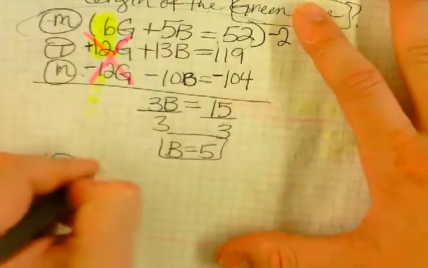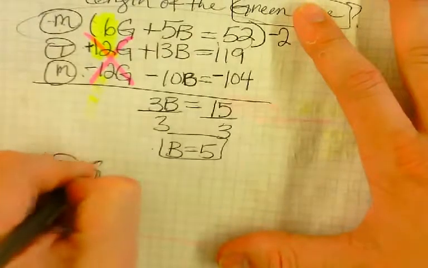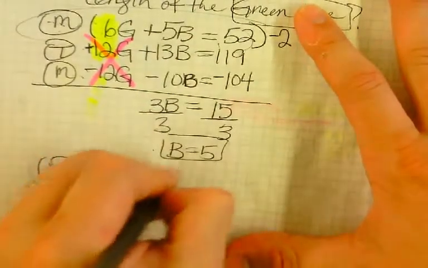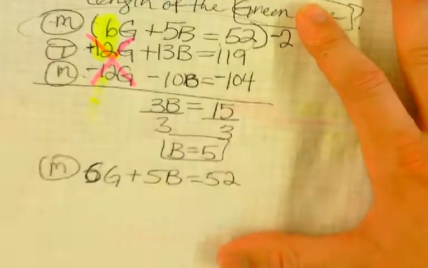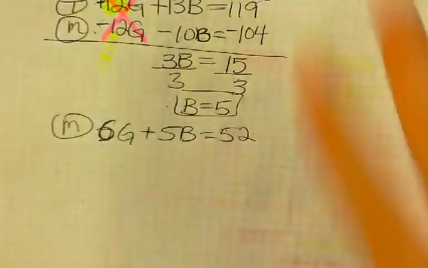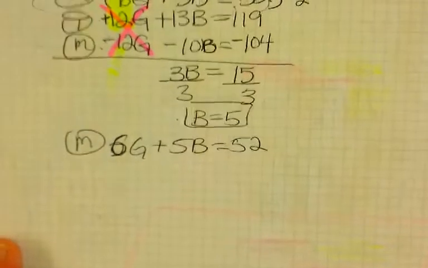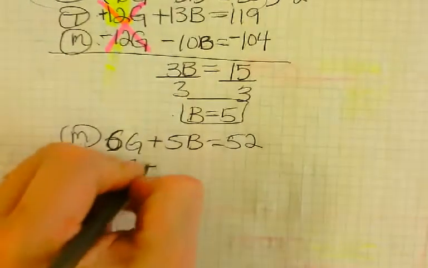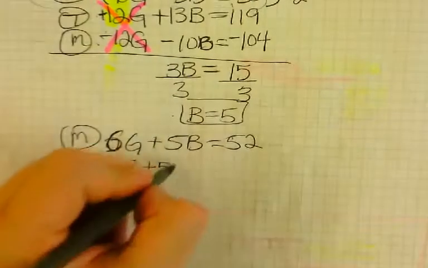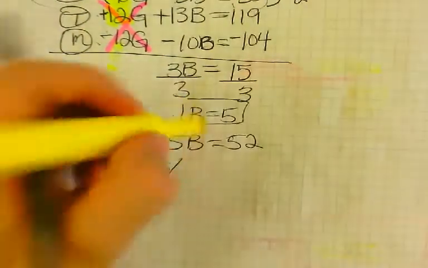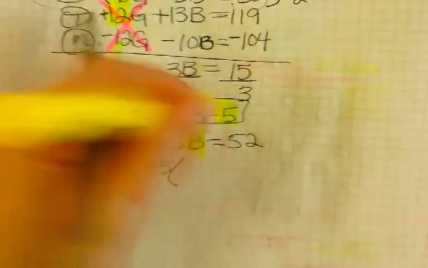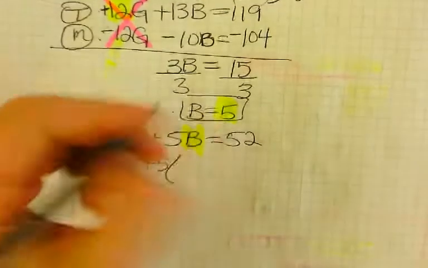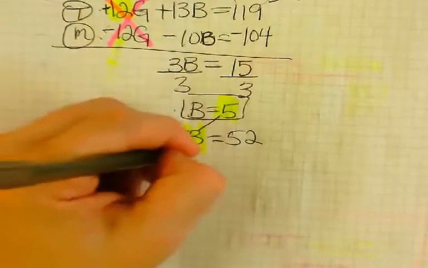And it says that 6G plus 5B is 52. So 6G plus 5. And I'm going to pause here because my B is about to cambio. I'm about to change out my B and my 5, and we call this substitution.